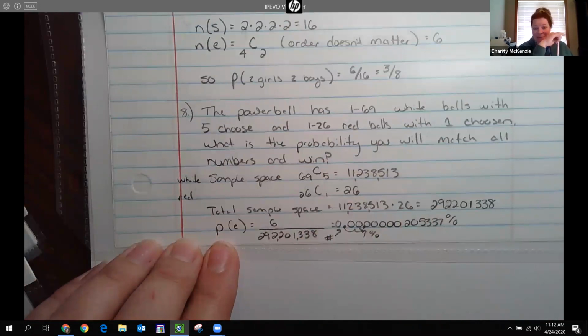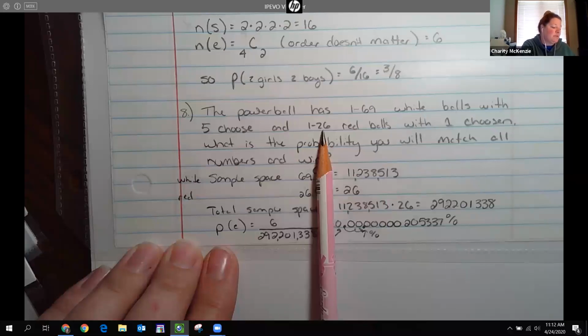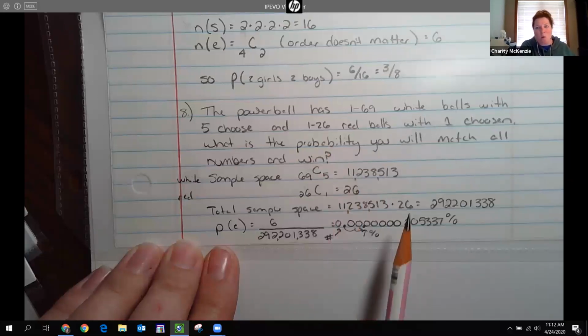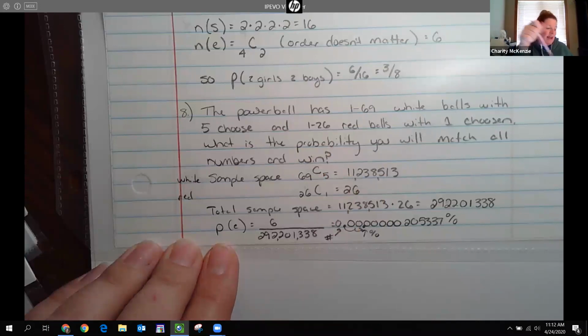All right, so what's our sample space? For the first one, we have 69 balls and we're choosing 5. For the second one, we have 26 balls and we choose 1. We have to times those to get our total sample space. Whoo, big number. That's what we do when we get total numbers of things. We times them. And I think you did that before in the other section.